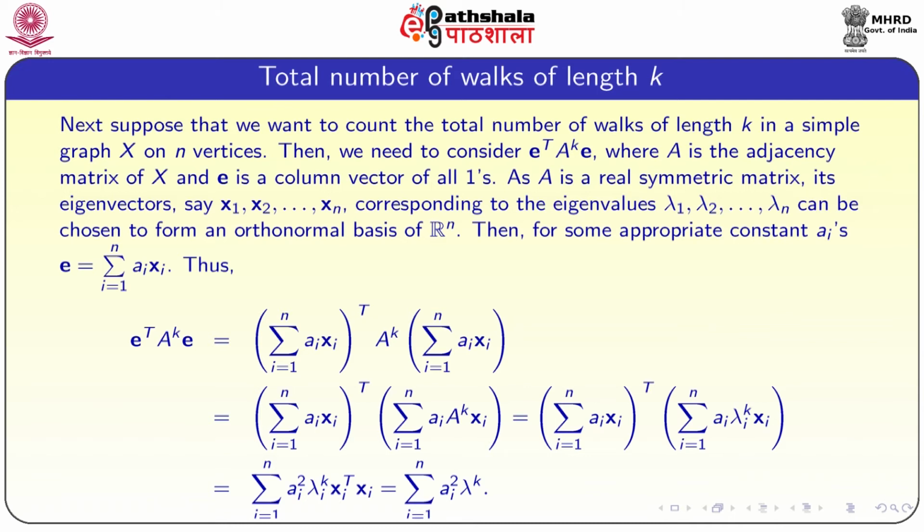If you take A^k inside the second summation, using the fact that each xi is an eigenvector of A, so it is automatically an eigenvector of A^k, we have the summation of ai xi transpose times the summation of ai lambda i^k xi, which is equal to the summation of ai squared lambda i^k xi transpose xi, which is equal to the summation i = 1 to n of ai squared lambda i^k.